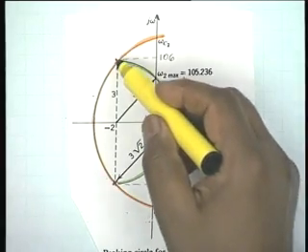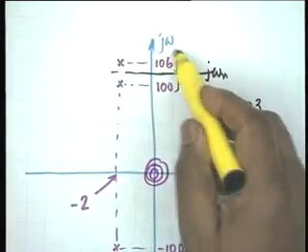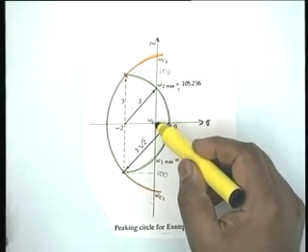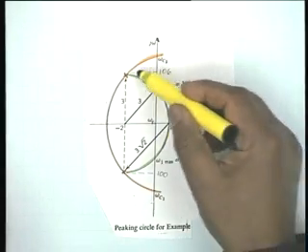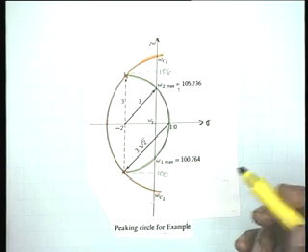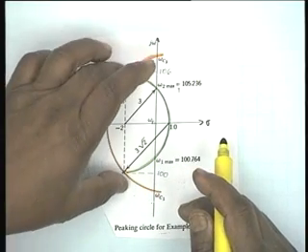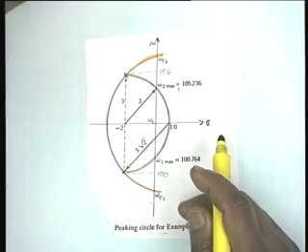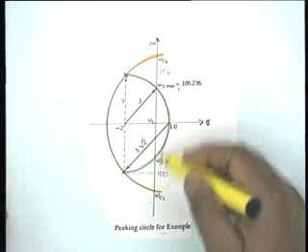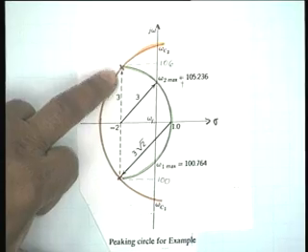What we are doing is zooming on this part. This is omega n, this is 106, this is 100. You understand why? These are the two poles on the upper half of the S plane, 100 and 106, and this is omega n, 103. So, the poles are here.